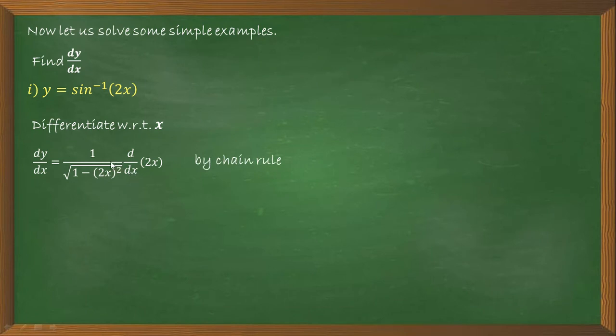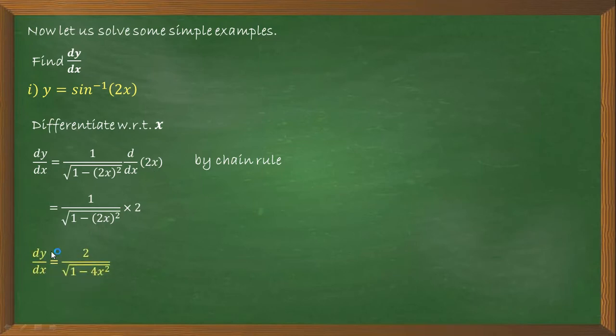So by the standard inverse function derivative we get this, and by applying the chain rule, that is d by dx of 2x, further we get 1 upon root of 1 minus 2x square into 2. Into 2 means it is the derivative of 2x.